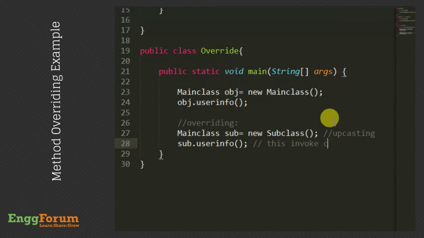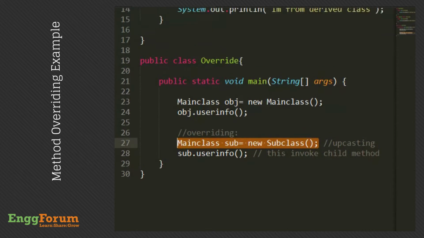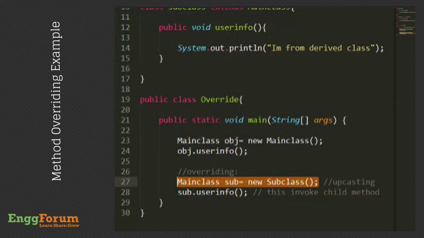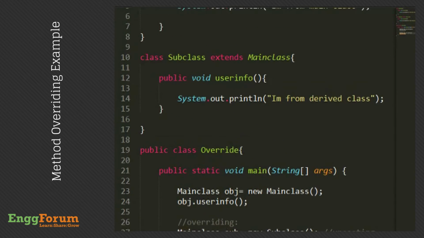This technique of assigning an object of a child class to a reference variable of parent type is called upcasting. In this case, we can call methods defined in the base class, but during runtime it will call the derived class's overridden methods. Now, compile and run the program.